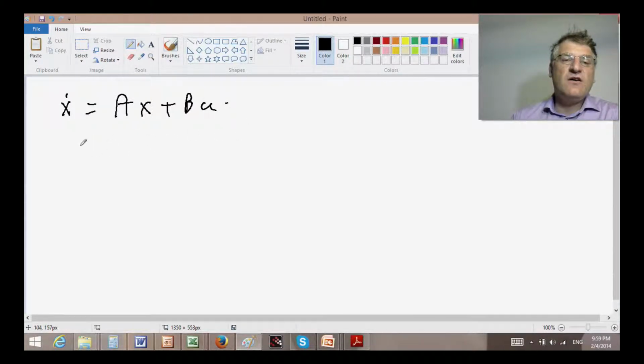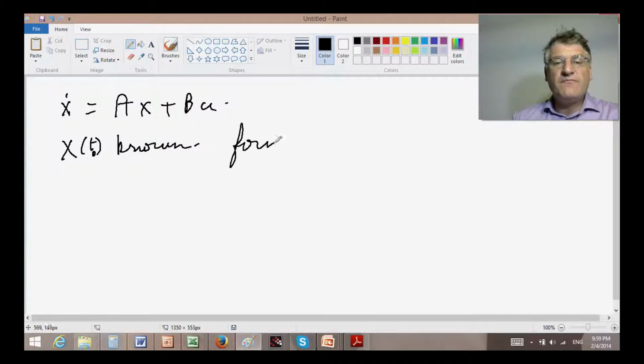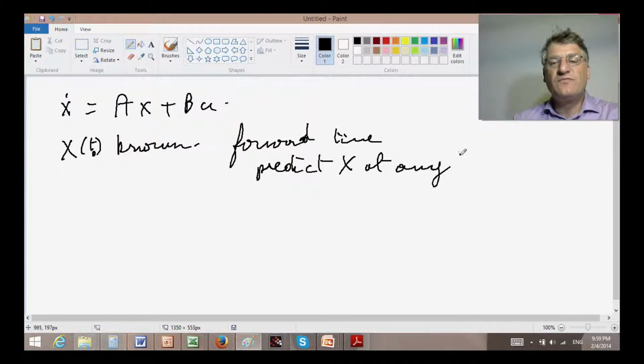And I'm saying, okay, let me say x of t I know at some time t0. Can I go forward in time in such a way that I can predict x at any time in the future?